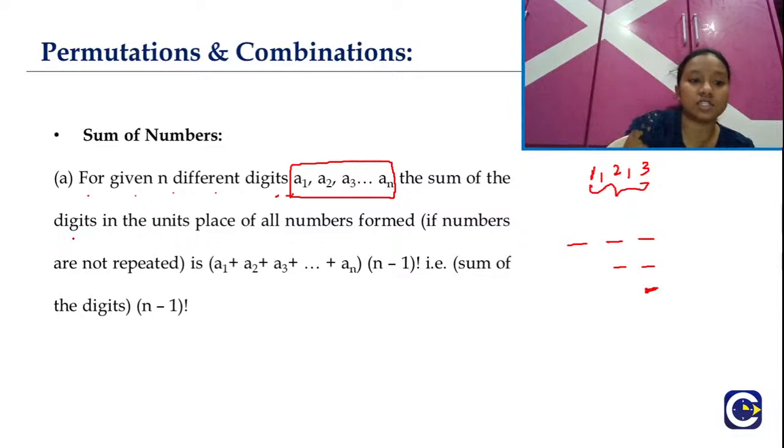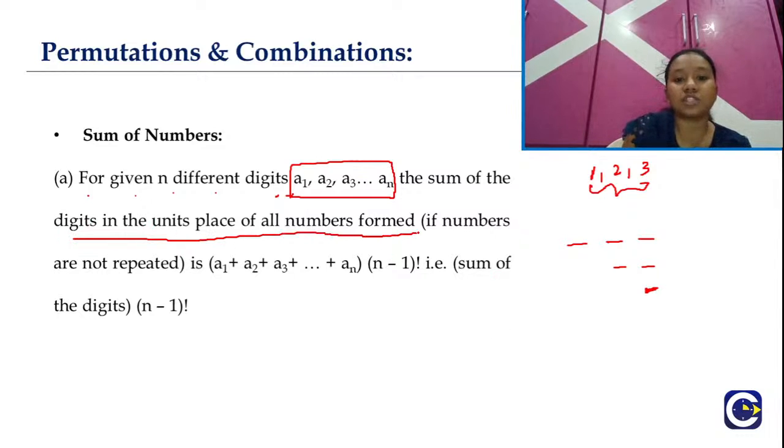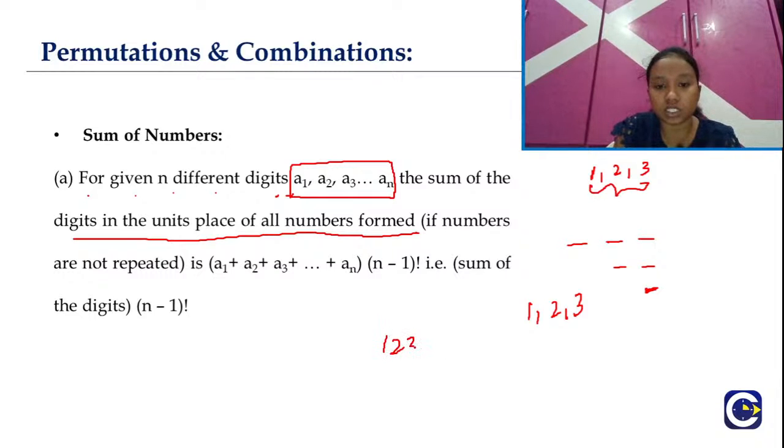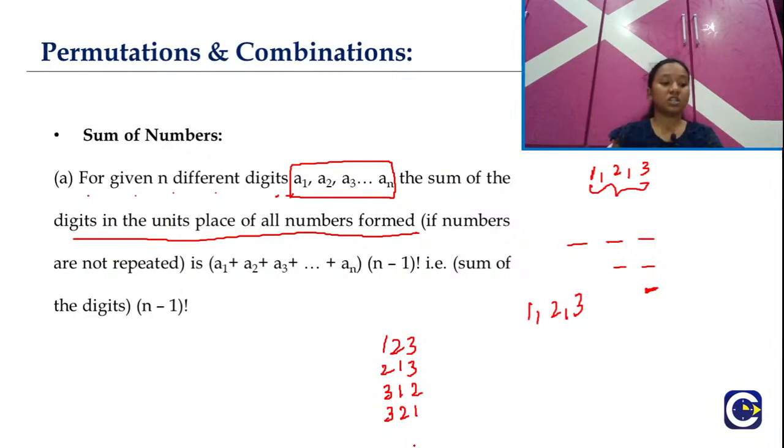That's what they are asking. So not only the number 1, 2, 3. Using these digits 1, 2, 3, we can have a 3-digit number, for suppose 123 and 213 or 312 or 321. Likewise, we can form different 3-digit numbers and we can even form 2-digit numbers and single-digit numbers also.